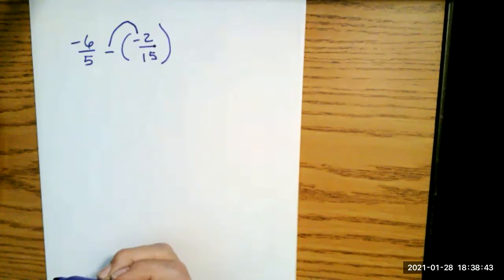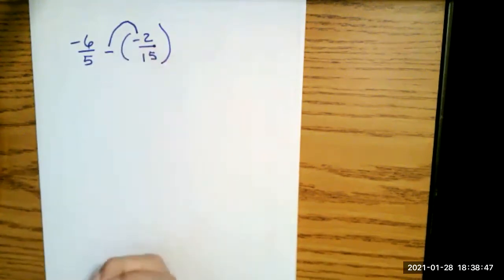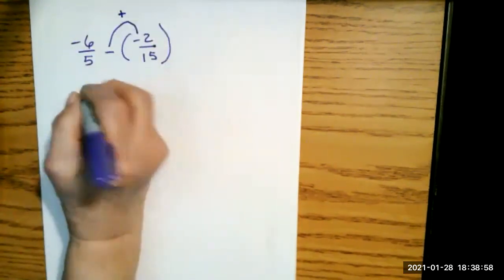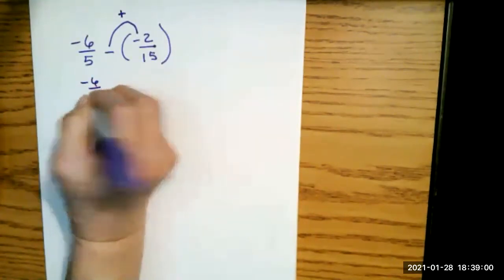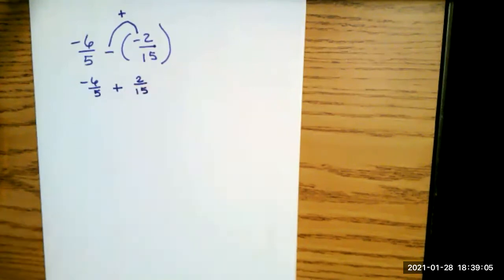So when you have those 2 negatives together, remember it's like a -1 here multiplied by that, but when you have those 2 negatives together, what does it make? A positive. So this would be -6/5 plus 2/15. It's what that ends up being there, because those 2 negatives will make a positive.